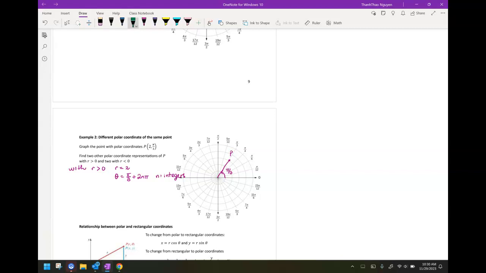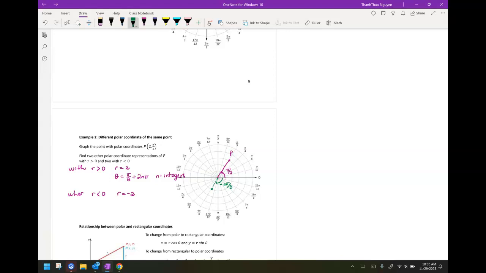What happens if I want r to be negative? Then r is equal to negative 2. If r is negative 2, before we reflect across the origin, r being negative 2 would be somewhere over here. This angle here is negative 2 pi over 3.